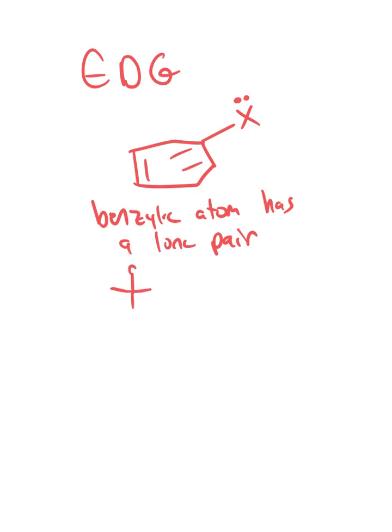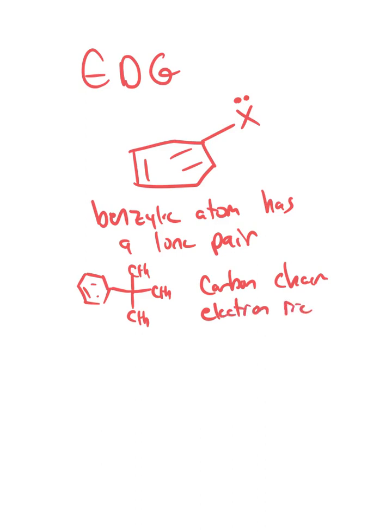We learned a long time ago that an alkyl group is an electron donating group. It's electron rich. We can't draw resonance structures, but the carbons are electron rich. The carbon chain is electron rich, so it is also a donating group.